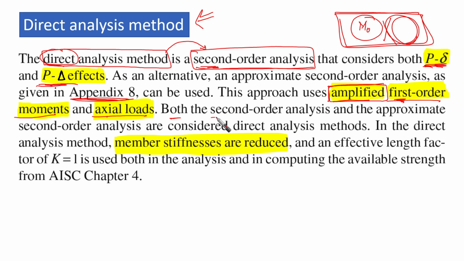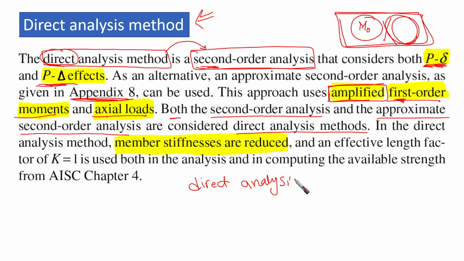Both the second order analysis and the approximate second order analysis are considered direct analysis methods. So we have the direct analysis method. This is the first method. We have two ways.